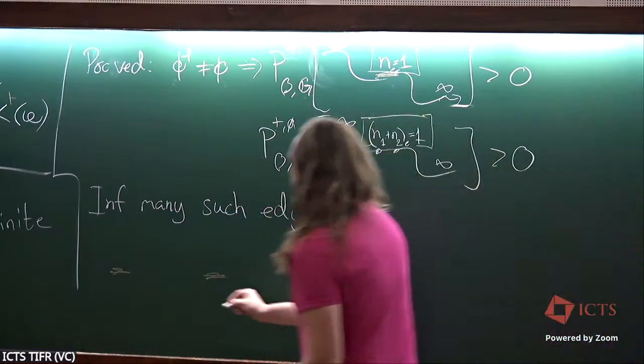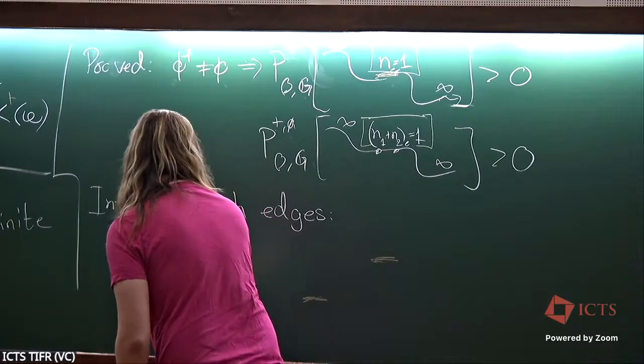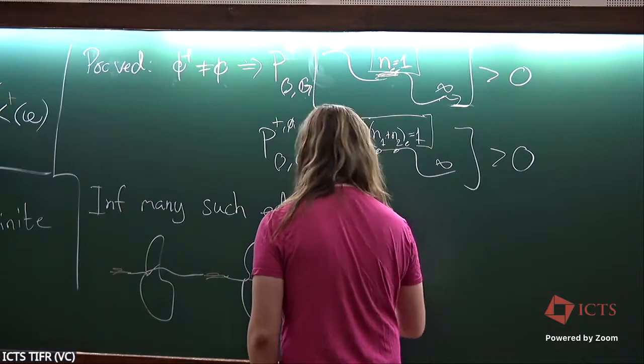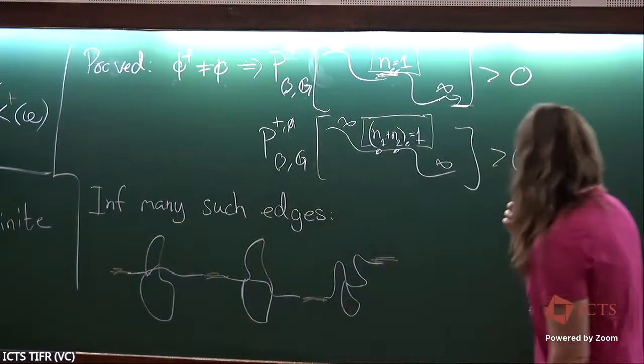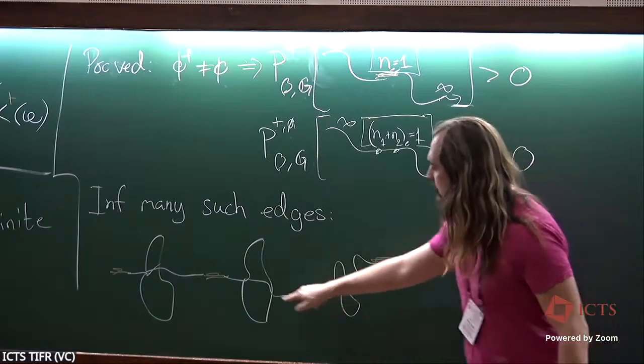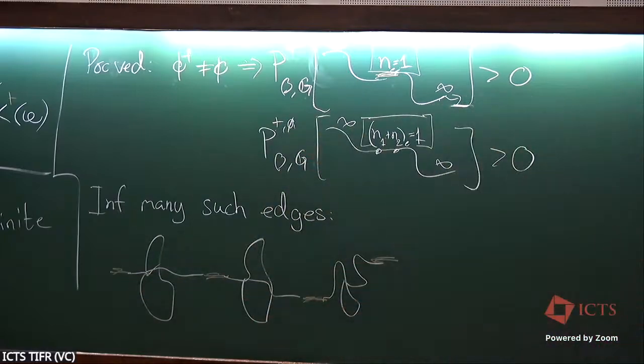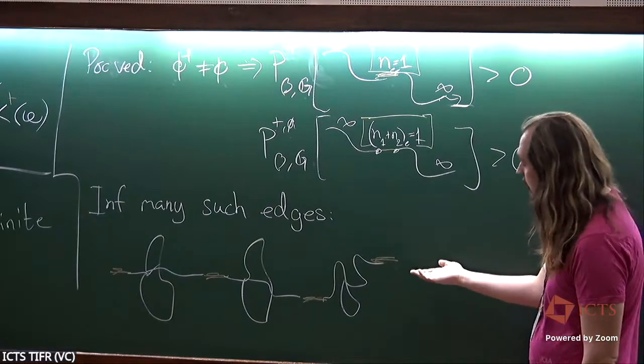And between them, you have some sort of spaghetti. Okay, but you know that these edges have to belong to the wired current because, at least by thinning out, there's a density of such edges in the wired current.